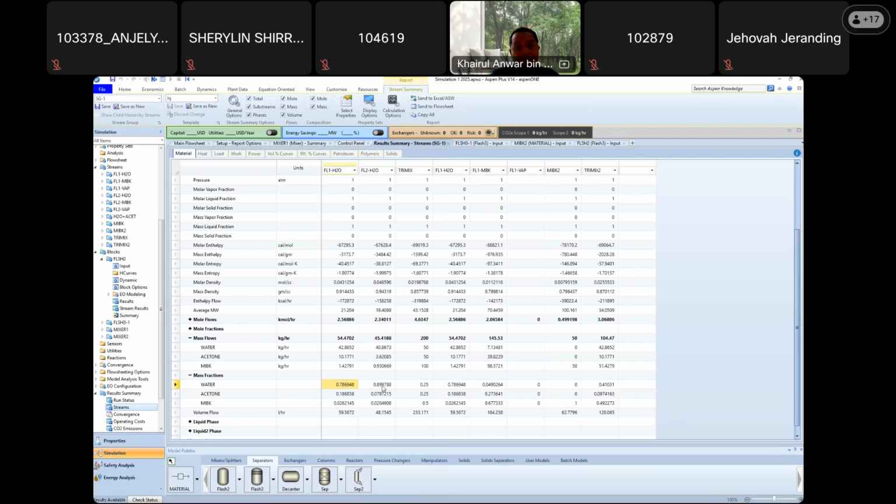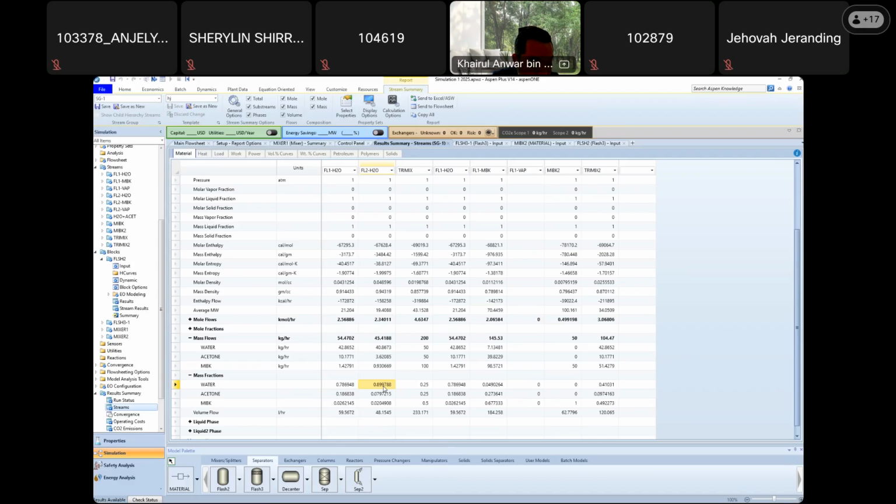Now with another one, it increased to 90% mass fraction. But this is still below the 95% threshold.